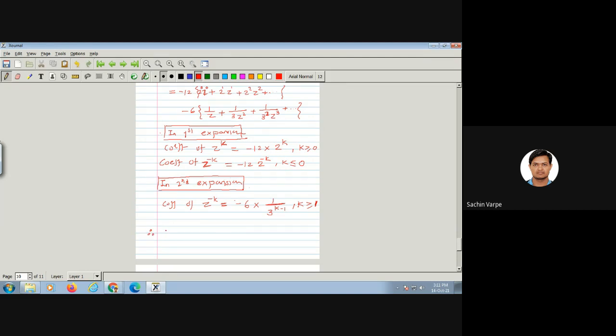Therefore, what is my f of k? F of k equals to, combinedly कैसे लिख सकता हूँ इसको, combinedly मैं इसको ऐसे लिख सकता हूँ कि it is -12 2 raised to -k, -6 1/3 raised to k-1, ये जो पहला पार्ट है इसमें k मस्ट बी लेस देन और इक्वल टू 0 एंड इन सेकेंड k मस्ट बी ग्रेटर देन और इक्वल टू 1, ऐसे लिख सकते हैं. इज दिस क्लियर? हेलो, इज दिस क्लियर नाउ?